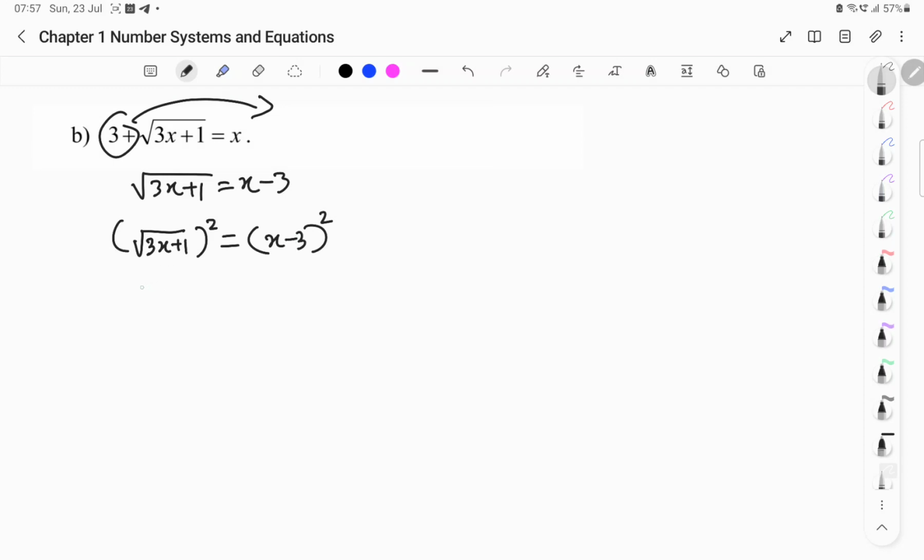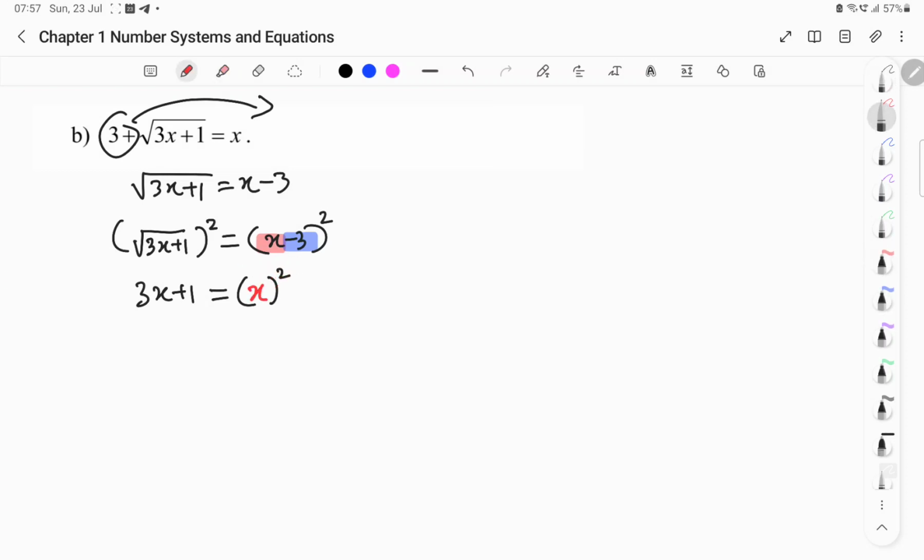From here, the left hand side becomes 3x plus 1 already, and then the right hand side is x squared minus 3x minus 3x plus 9. Actually, I have a shortcut for this one. I show you. This is the front, this is the back. You square the front.